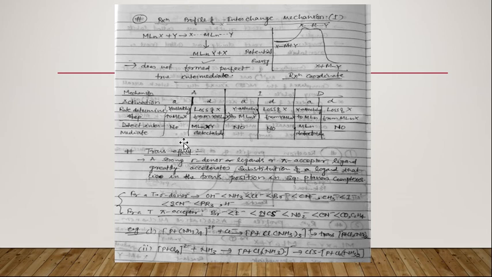Now I will discuss the trans effect. This is very important from the exam point of view, and a lot of questions have been asked from it. So what is the trans effect? When strong sigma donor ligands or pi acceptor ligands greatly accelerate the substitution of ligands that lie in the trans position in square planar complexes.